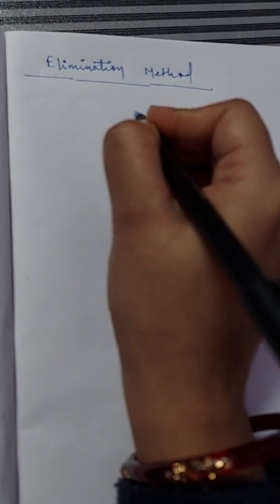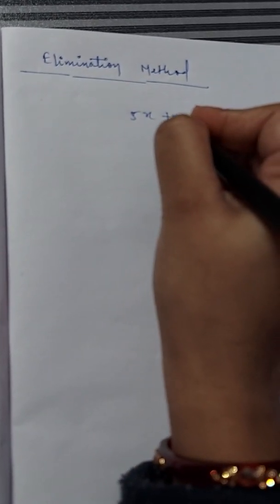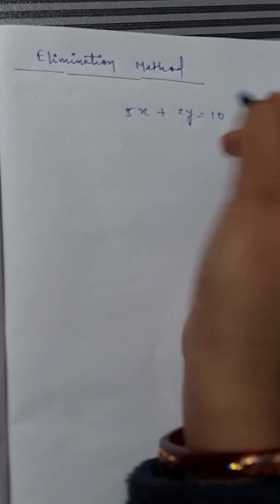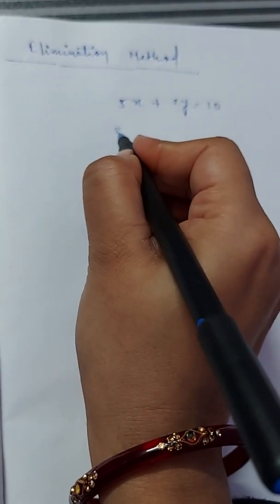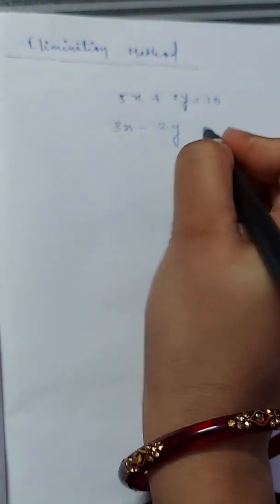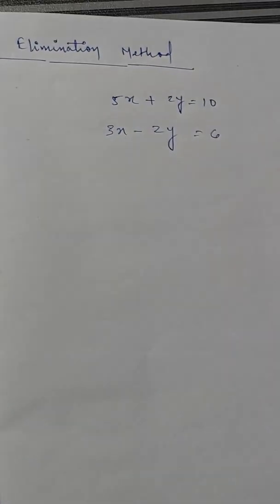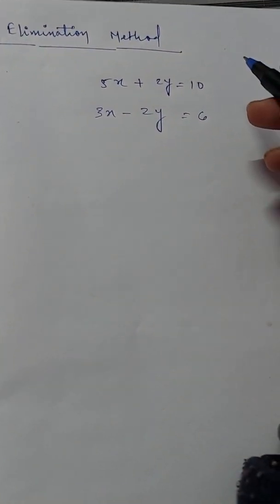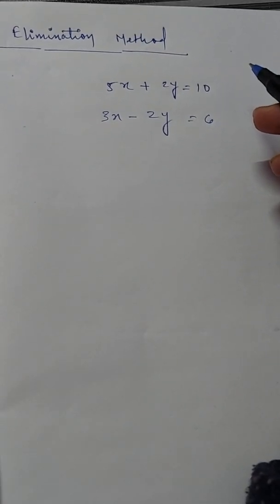My example is, we have two equations, 5x plus 2y is equal to 10 and 3x minus 2y is equal to 6. This elimination method is based on two variables.